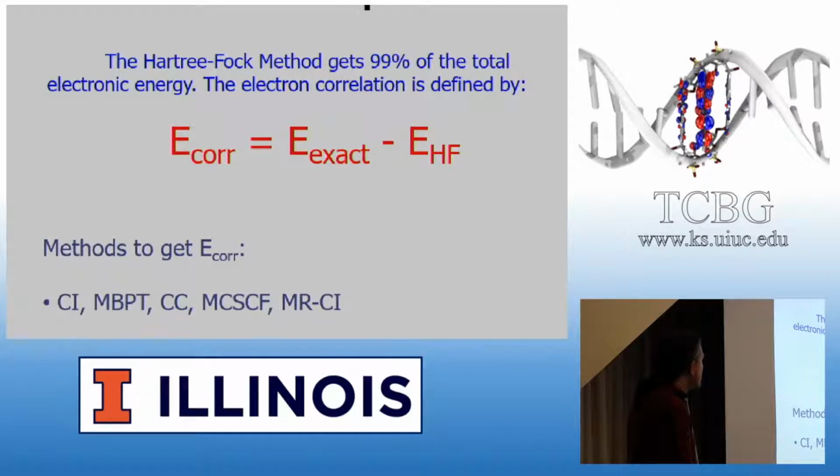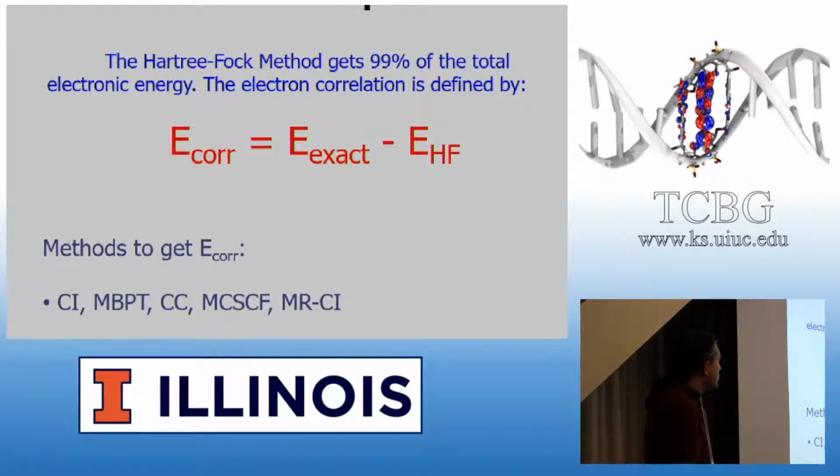Okay, but the Hartree-Fock method gets 99% of the total electronic energy, and the difference is the electron correlation energy.